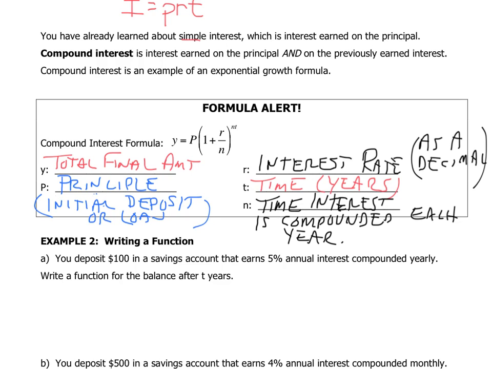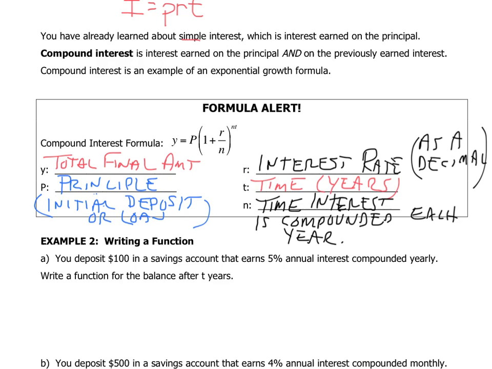R, just like the growth rate, is our interest rate in this case, which is again plugged in as the decimal form. So just for example, if I had a 10% interest, I would be plugging it in as 0.1. Time is our time in years, how long we're going to be leaving it there. And N stands for the number of times that interest is compounded each year.